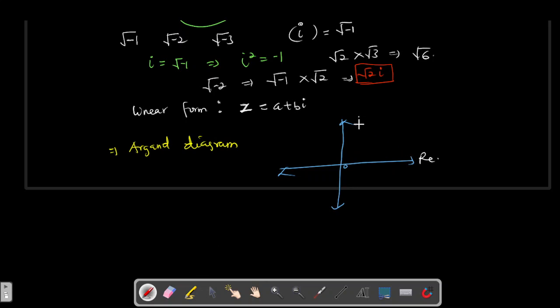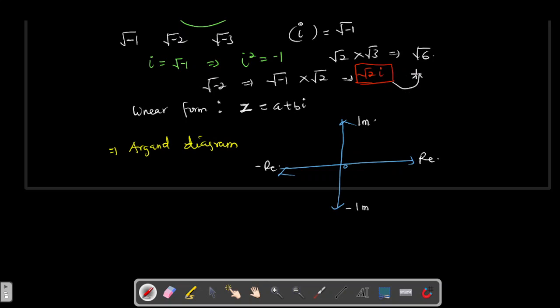Then this is our imaginary parts, negative imaginary and negative real parts. So whenever you represent a complex number in the linear form, such as z is equal to a plus bi, your a is the real part of the complex number, then your b is the imaginary part, where the i is a complex operator.